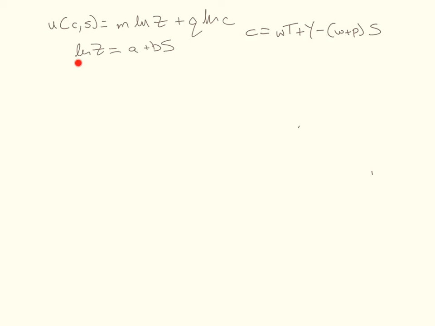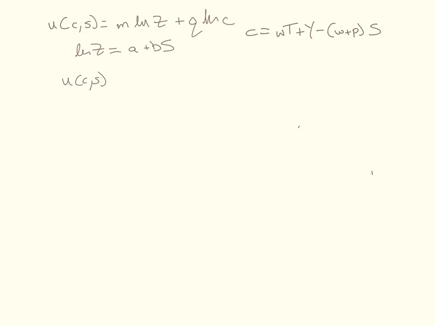Now if we plug in our return to education equation and our full income constraint into our objective function, we get a simple equation that we need to maximize by choosing one and only one variable, which is S. All right, so let's do that.